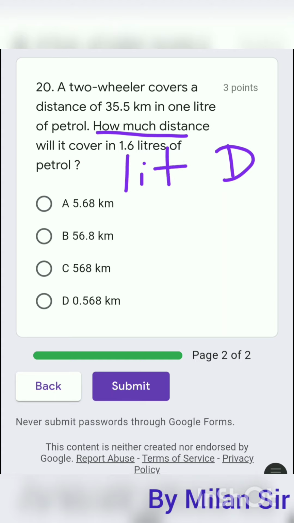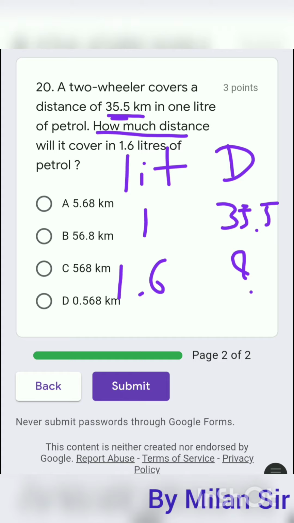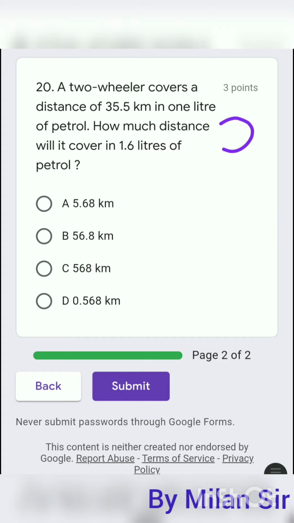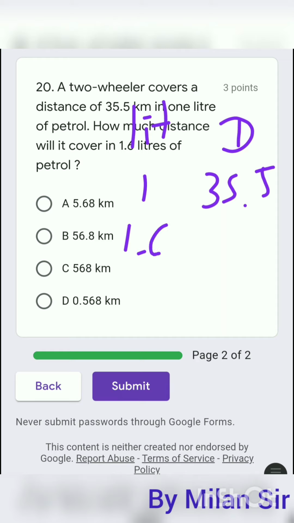So 35.5 kilometers in 1 liter of petrol, and for 1.6 liters of petrol, how much distance? Again we need to find distance D. In 1 liter 35.5 kilometers, in 1.6 how many?